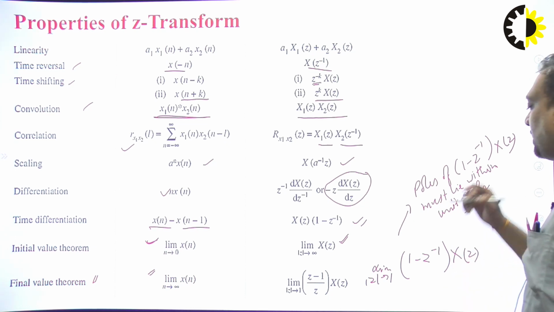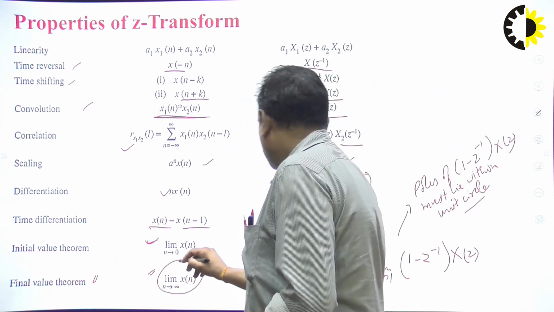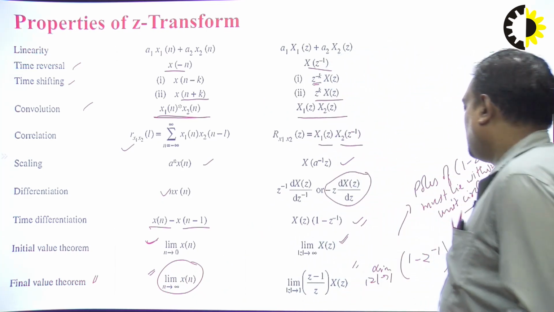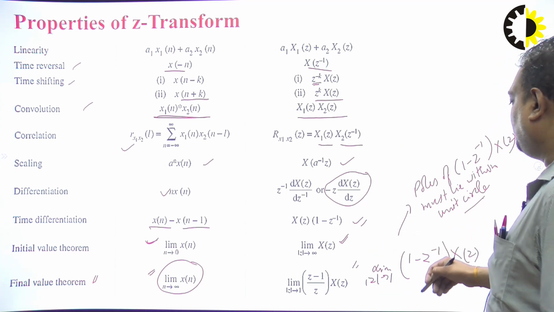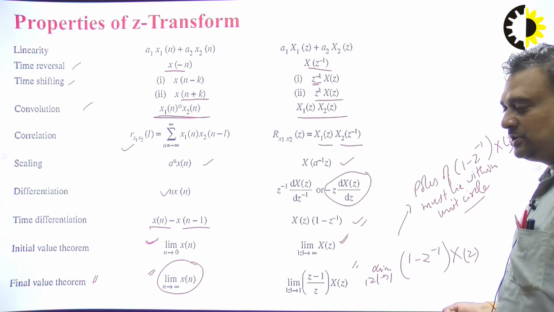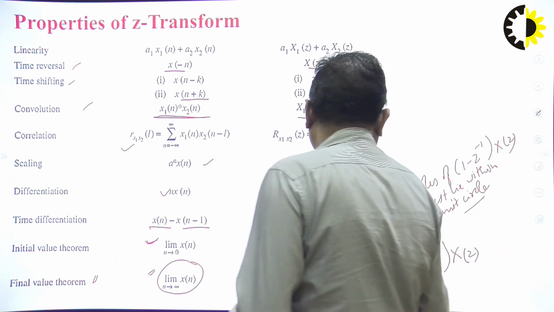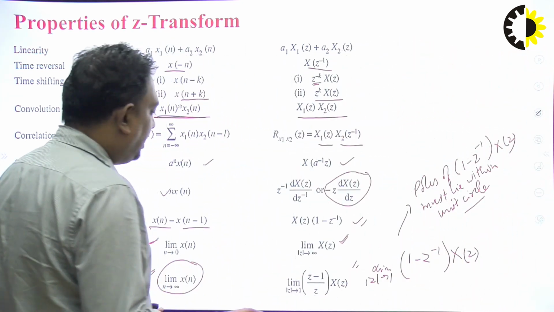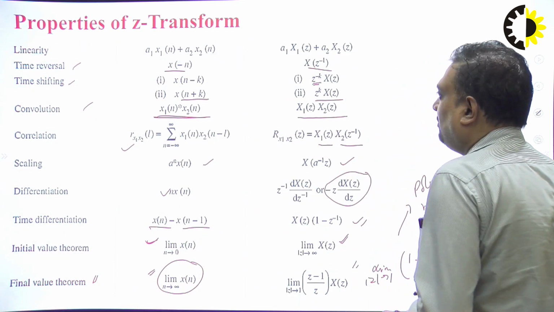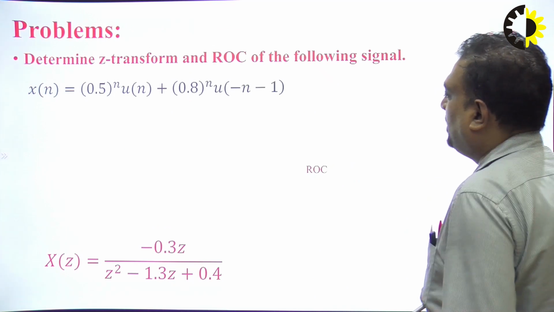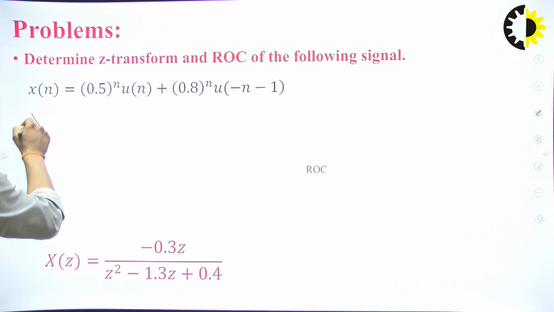Only then can you apply the final value theorem for finding the final value of the signal in the z domain. If not, you cannot apply it. But it doesn't mean we will not be able to find the final value of the signal, only that by this method we will not be able to find it.